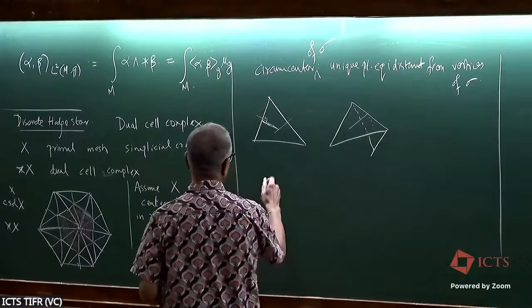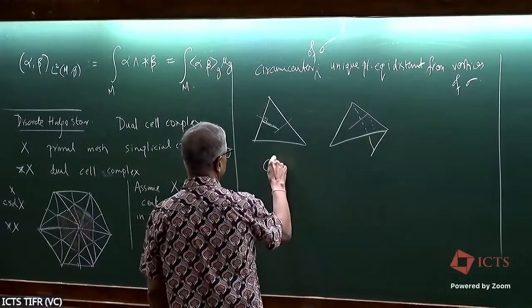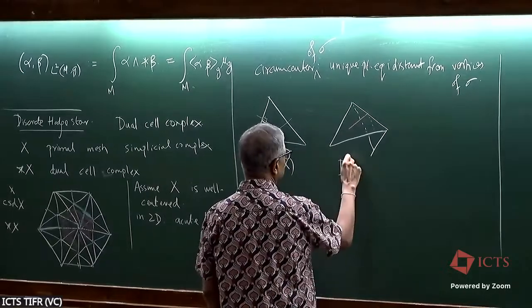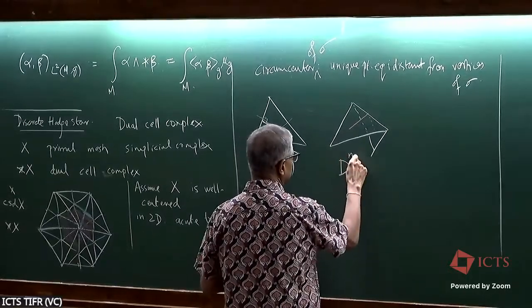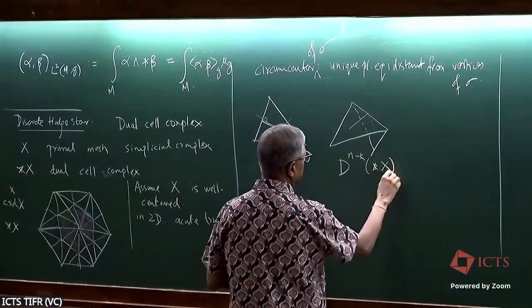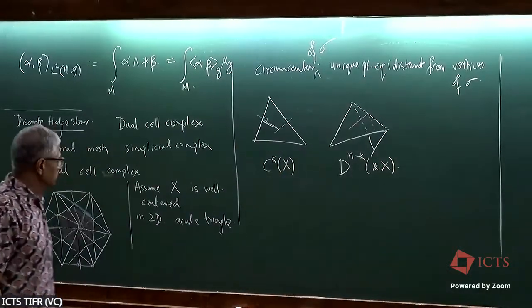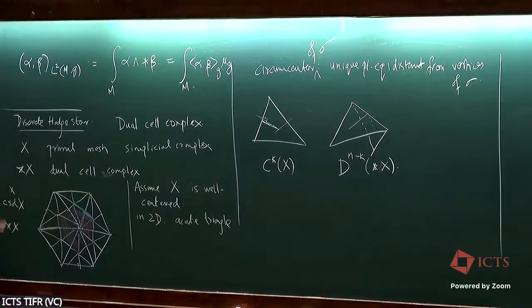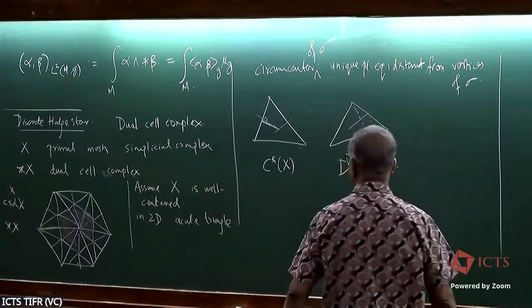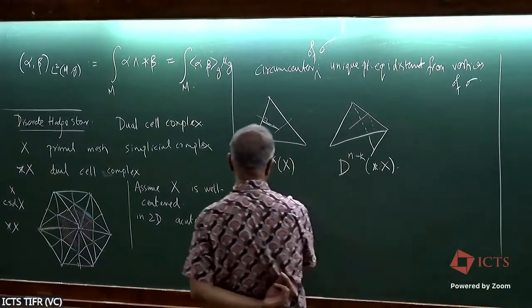So what we will do is, for our primal K cochains, we will now have dual cochains, for example, N minus K dual complex. So when we put all this together, instead of a simplicial complex, we just call it the dual cell complex. And the Hodge star will be the following.